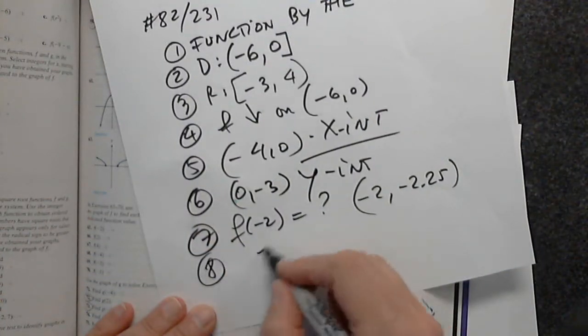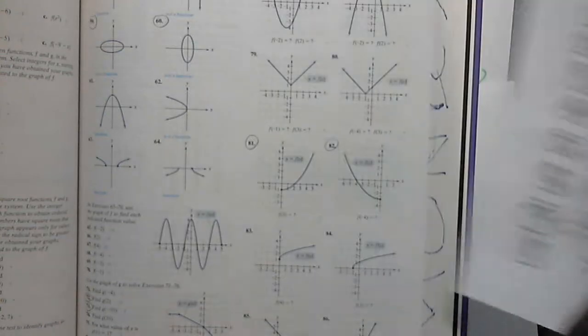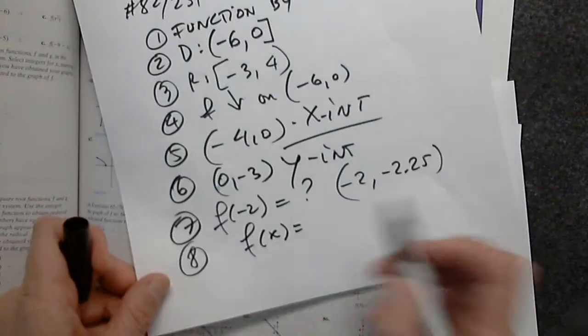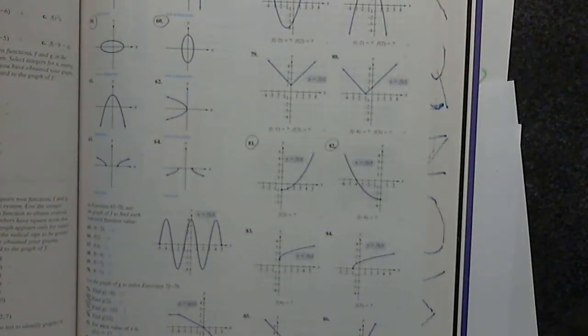Perfect. Final question here. Find x for f of x being 2. So now I am told f of x is 2. What does that mean? Which coordinate is given to us, x or y? Y. But y equals 2 is a horizontal line.